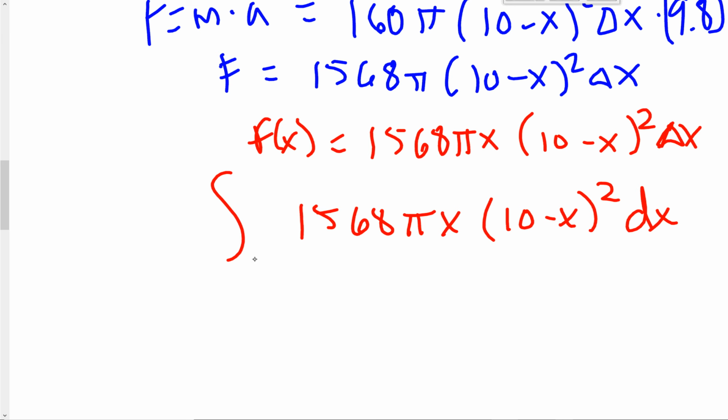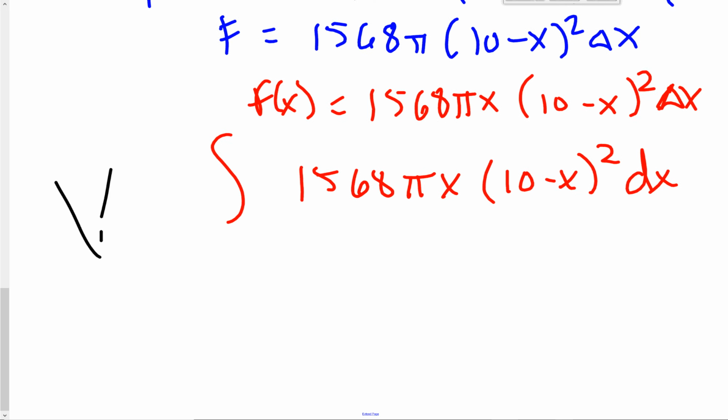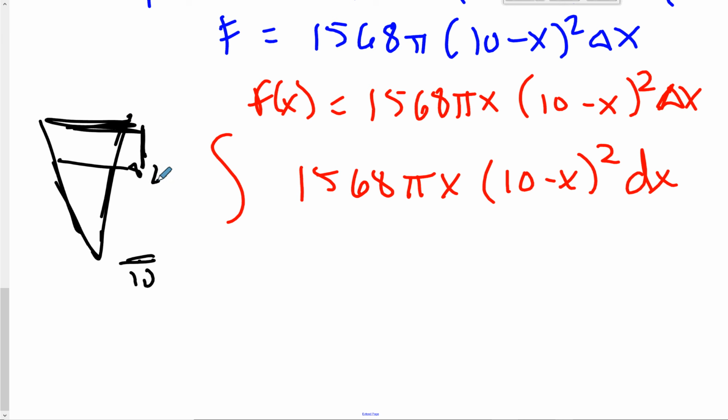So that's why there's going to be a 2 here. So down here is 10, and we have to take it from the top all the way out. So our water level starts at 2 meters down, and it goes all the way to 10. So that's why it goes from 2 to 10.